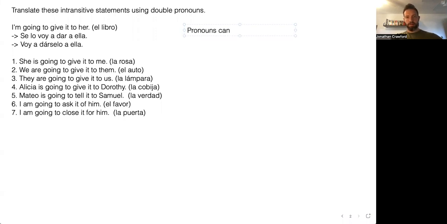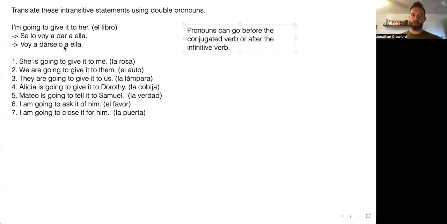Pronouns can go before the conjugated verb or after the infinitive verb. If it's after the infinitive verb, then it has to be connected. Voy a dar, dar is infinitive because it's not conjugated.